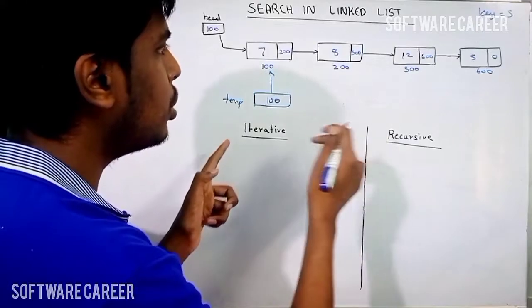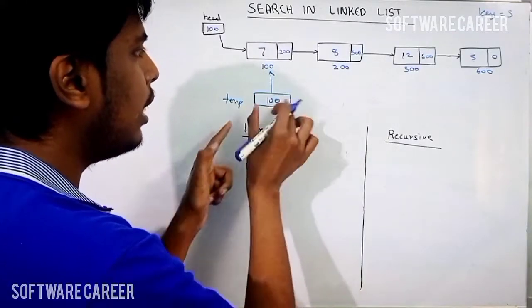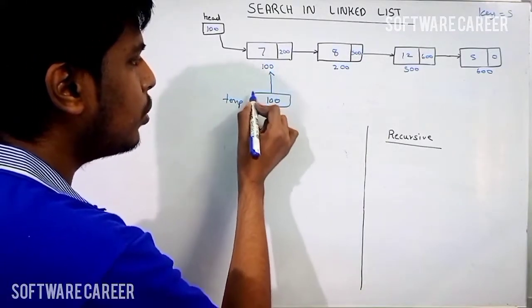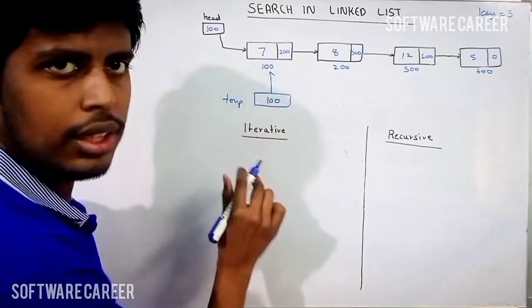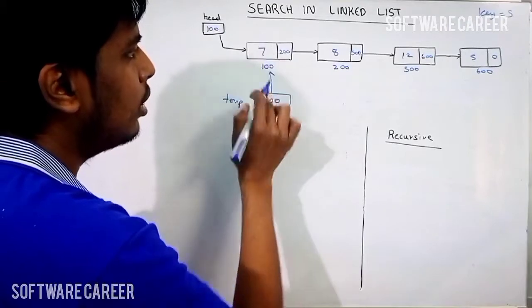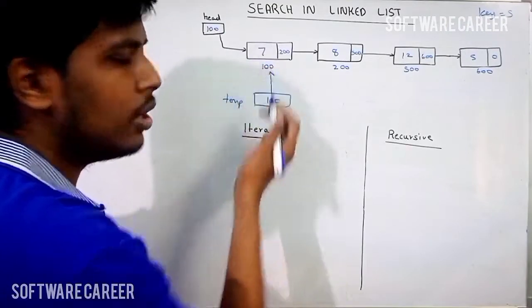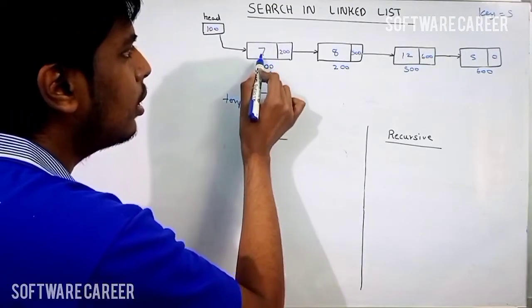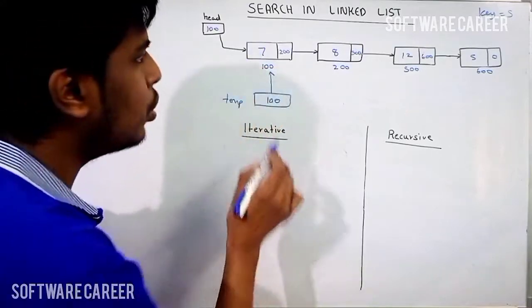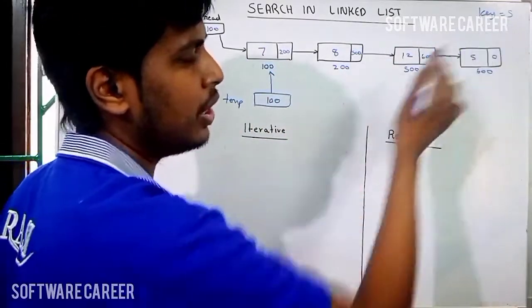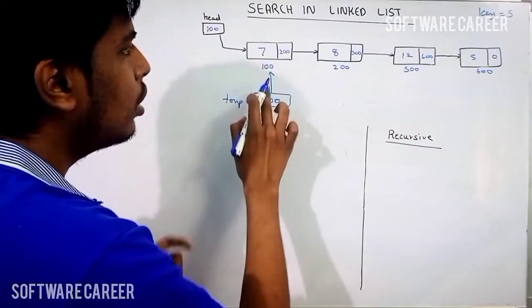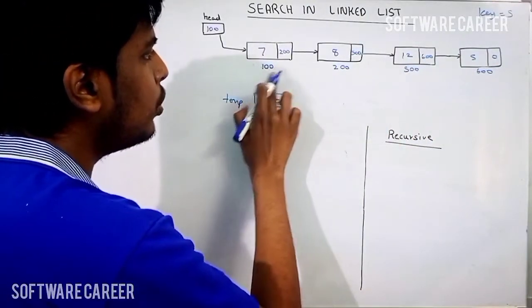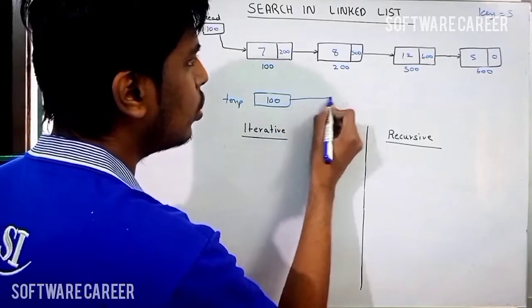Now you should check the data of the node whose address this temp pointer has. This temp pointer has the address 100. What is the data present in the node at address 100? The data present is 7. Now you should check whether 7 is equal to 5 or not. If it's not equal, you have not found it. So now what should you do? You should move this pointer to the next node.